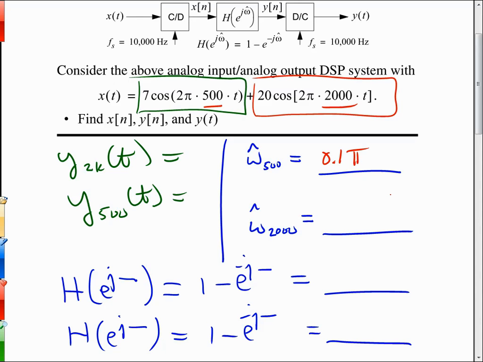It should be 0.4 pi because 2000. Oh, that's right, 2 times it. And 5 over 100 times 2 is 10 over 100, which is 0.1. Okay. So now we have the 0.1 pi.